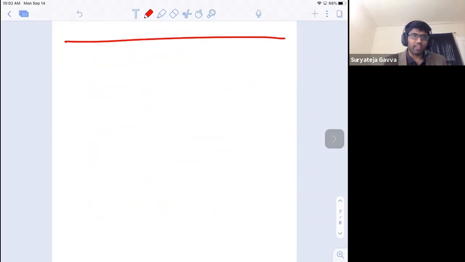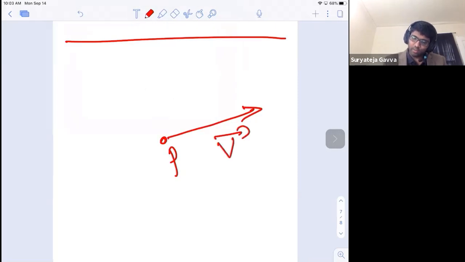What about the equation of the line when a vector is perpendicular to it? The point is, you won't have one vector perpendicular to the line. Say for instance, if you have point P, this will be the direction of the vector along the line, but there will be so many directions perpendicular to the line.